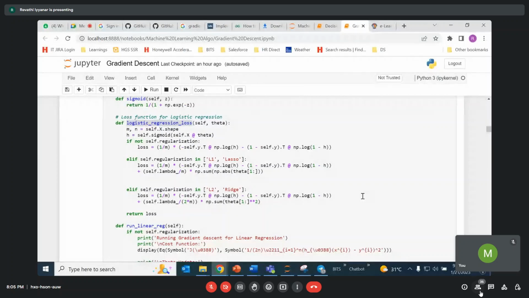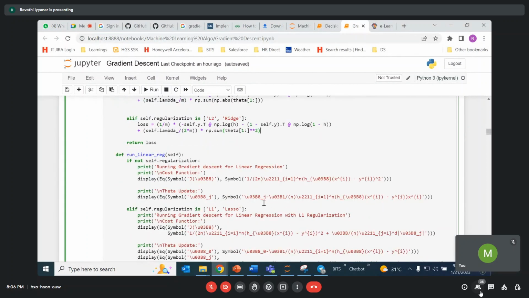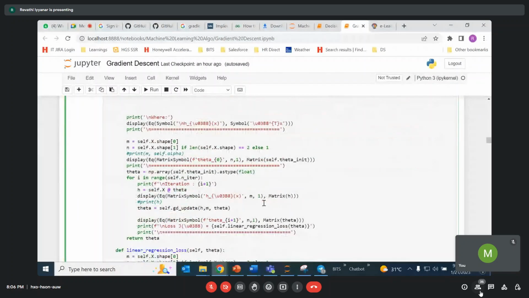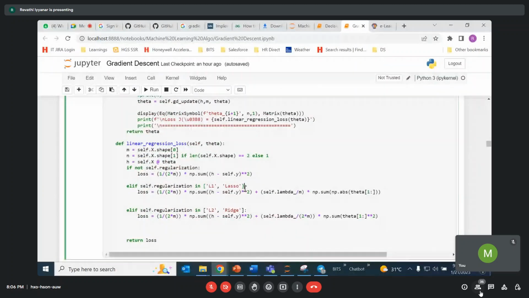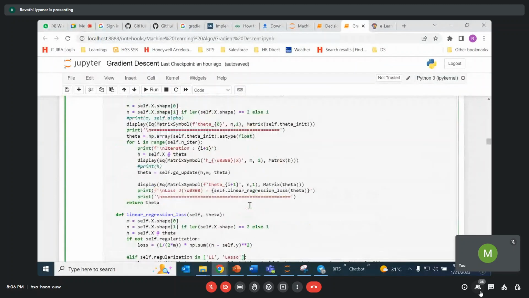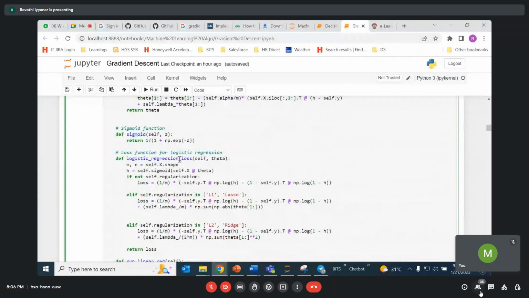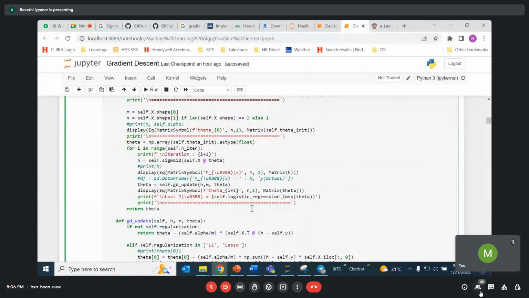Only that h theta of x, that hypothesis, will change. What function they'll give, that we have to use. In case of logistic regression, it is always sigmoid. But in case of linear regression, this hypothesis they can change. They can give any function, suppose e power x minus mu, like that. So, is there any provision to change here only, in our linear regression implementation?